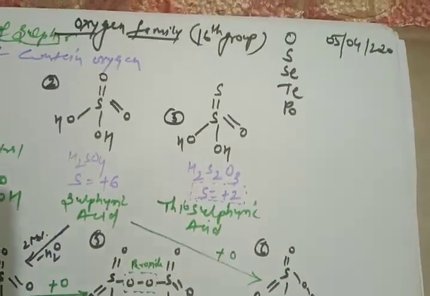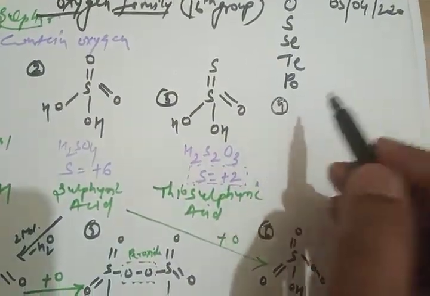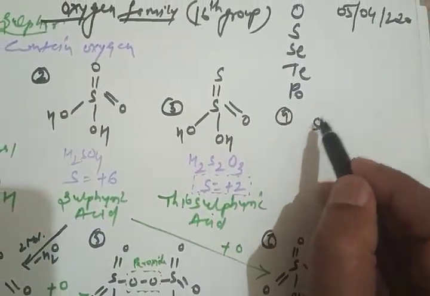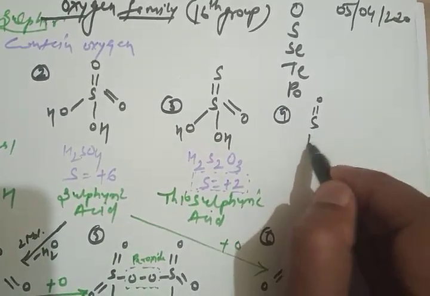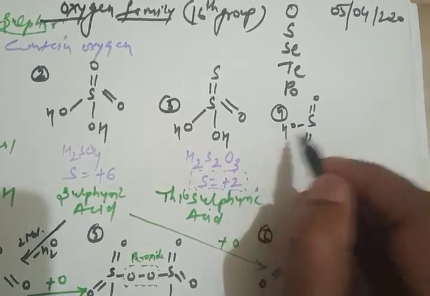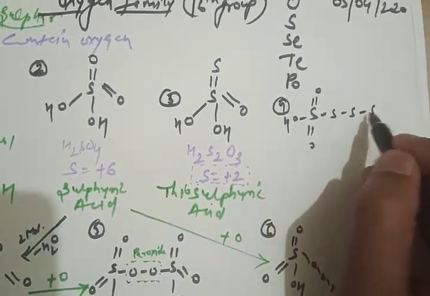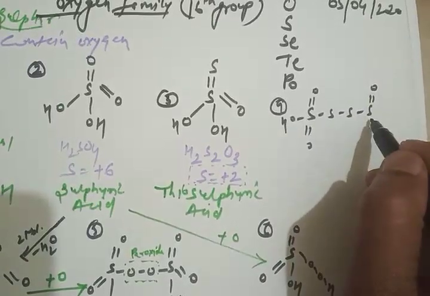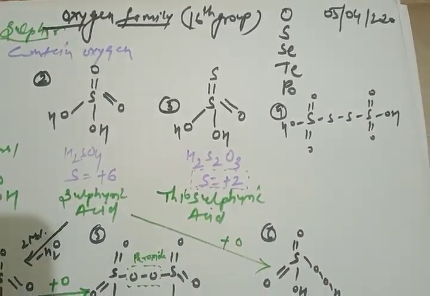One more I'm writing, that is the 9th one. This is S double bond O, S double bond O with OH, then one S, then second S, and then the first double bond O, OH. This is another type of acid.